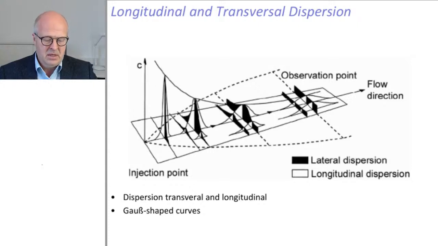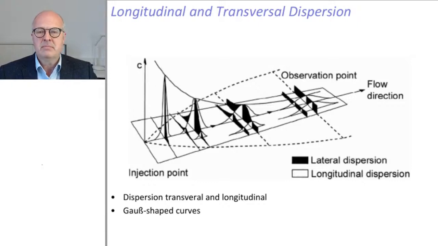So this requires more flow distance, but after a certain time you also have full mixing over the width of the river. And from that point on, the problem becomes a one-dimensional problem. It's just one-dimensional mixing along the length of the river. And you get this typical breakthrough curve.